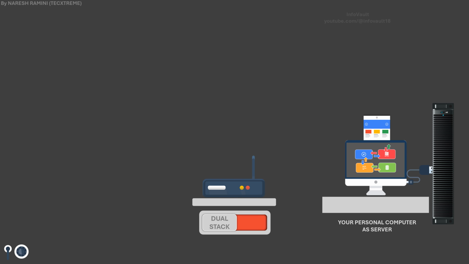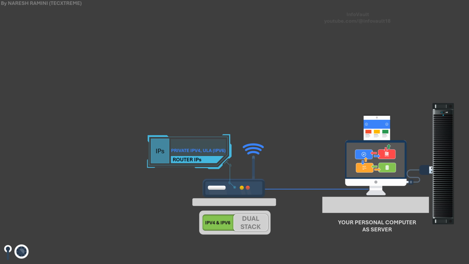To support both protocols, log in to your router's admin interface and enable dual stack mode on your router. This ensures each device on your network receives both an IPv4 and IPv6 address, enabling compatibility with both IPv4 and IPv6 traffic and seamless communication, regardless of the protocol used by incoming internet traffic. Dynamic address assignment.